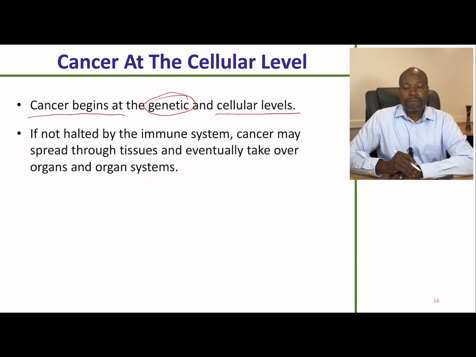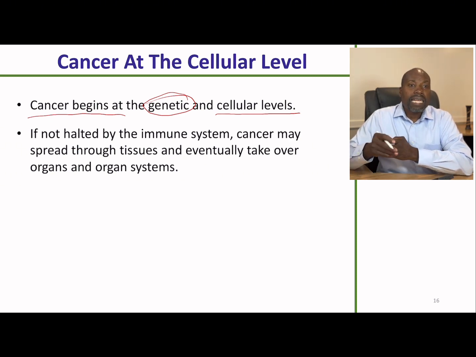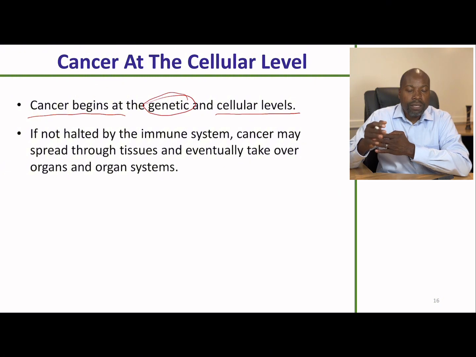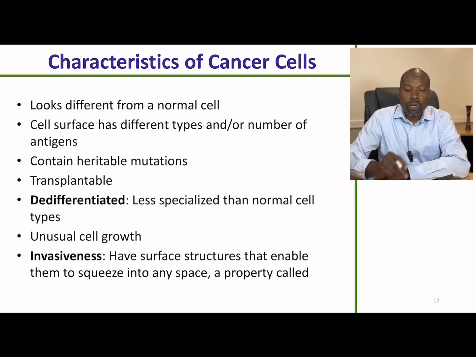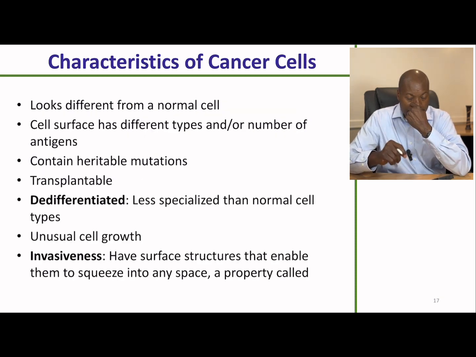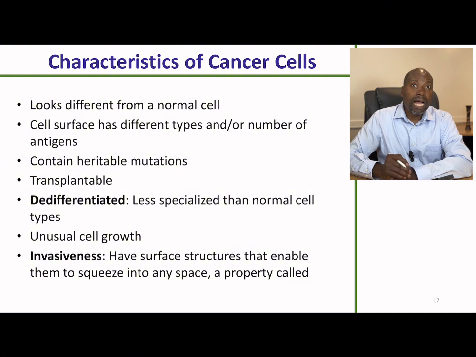So if that cell that is not properly behaving is not identified as a cell to be discarded by our immune system, these cells will multiply and crowd the space and eventually move away from that area and go cause problems somewhere in the body.